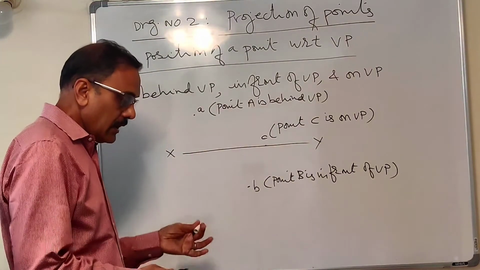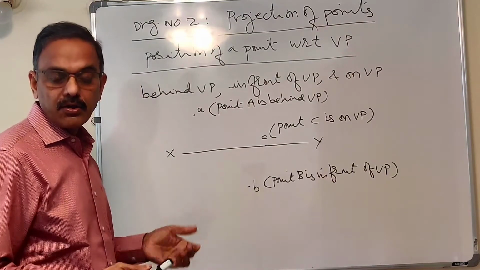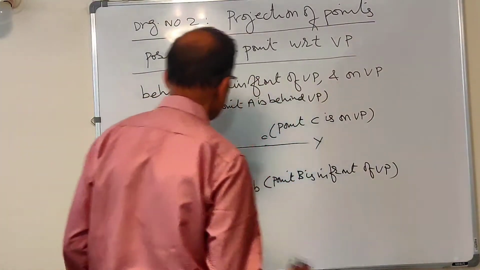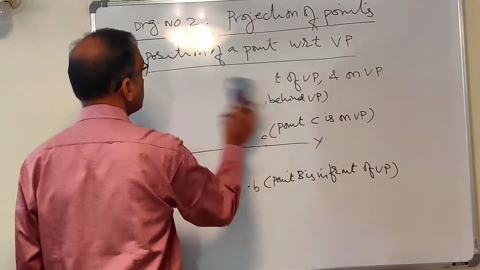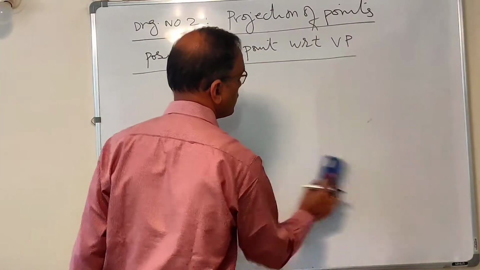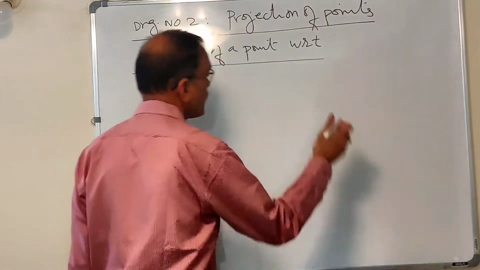Now, let us take HP and see how a point can occupy the positions with reference to HP. Let me erase this. Now let us see what is the position of a point with reference to HP.